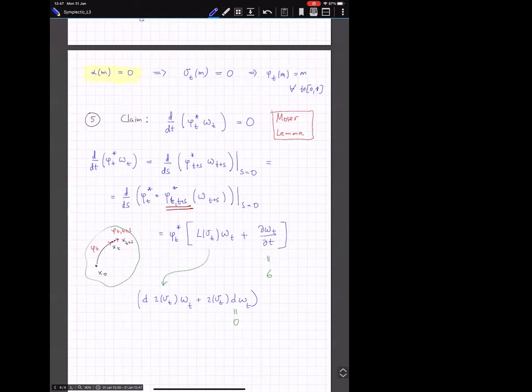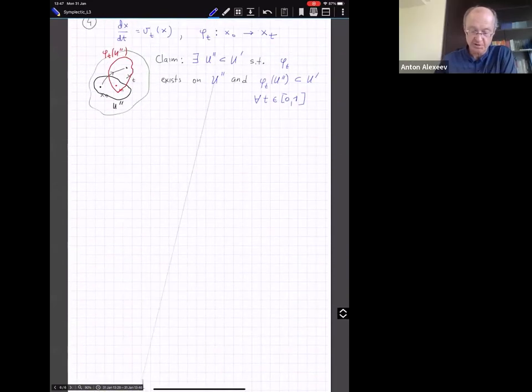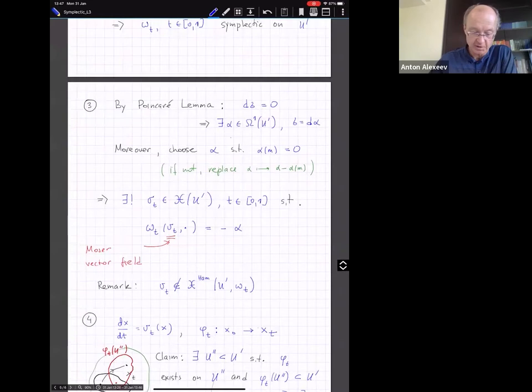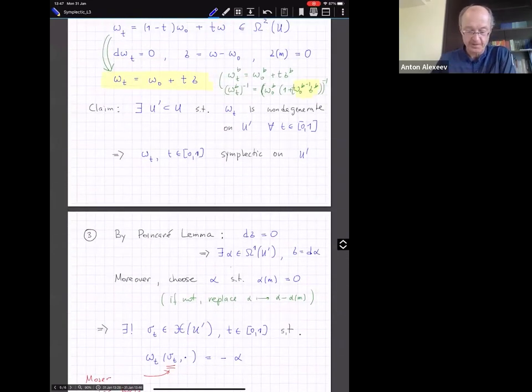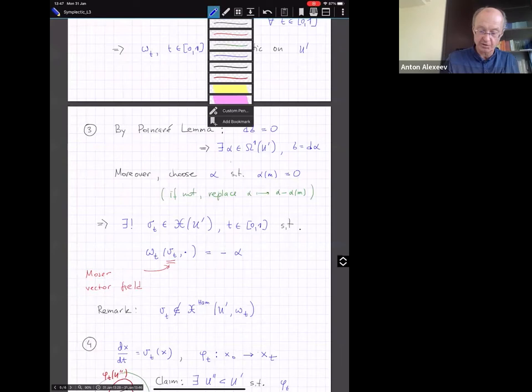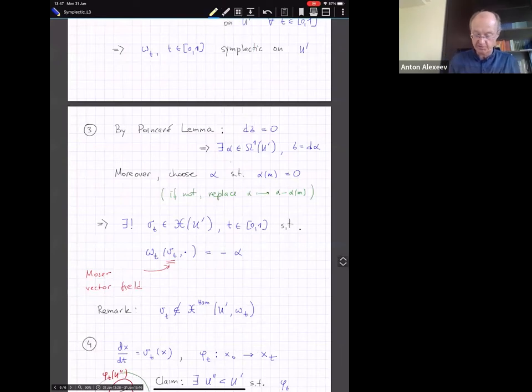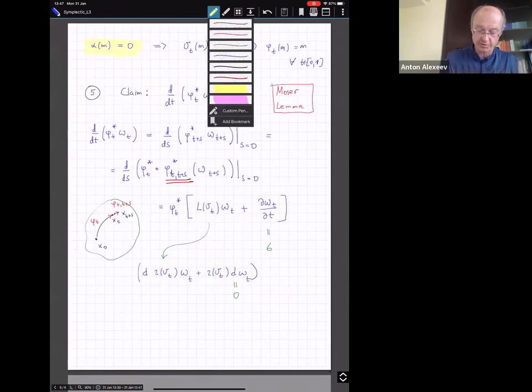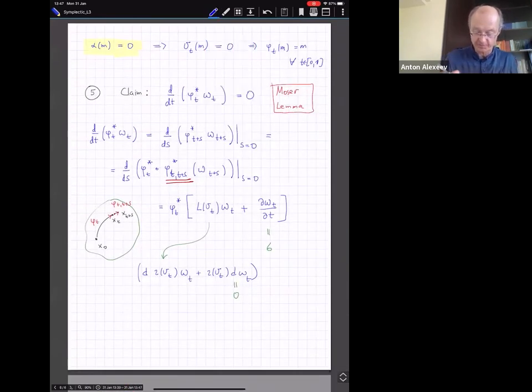You're right. So iota vt of omega t is equal to minus alpha. That, of course, was the whole idea of the Moser trick, right?